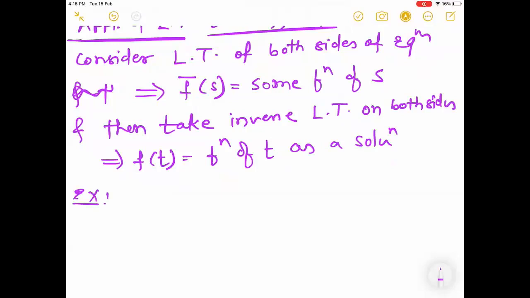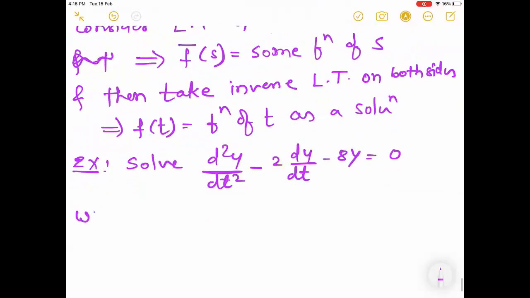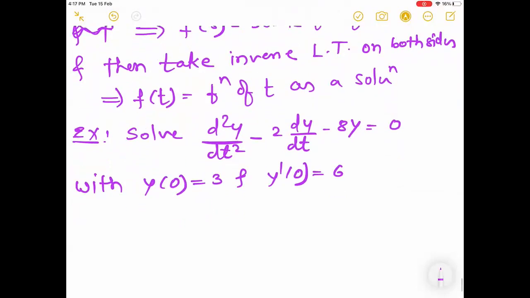Solve d square y by dt square minus 2 dy by dt minus 8y is equal to 0 with this condition given, y of 0 is equal to 3 and y dash of 0 is equal to 6.